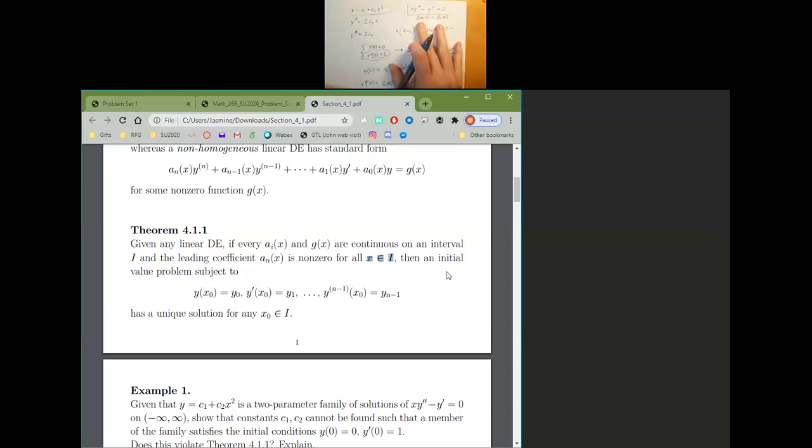Either of these will work. Okay, so then the initial value problem subject to this, when you plug in x naught, you get out each of these specific values. Okay, x naught here equals 0. Has a unique solution for any x naught in the interval.